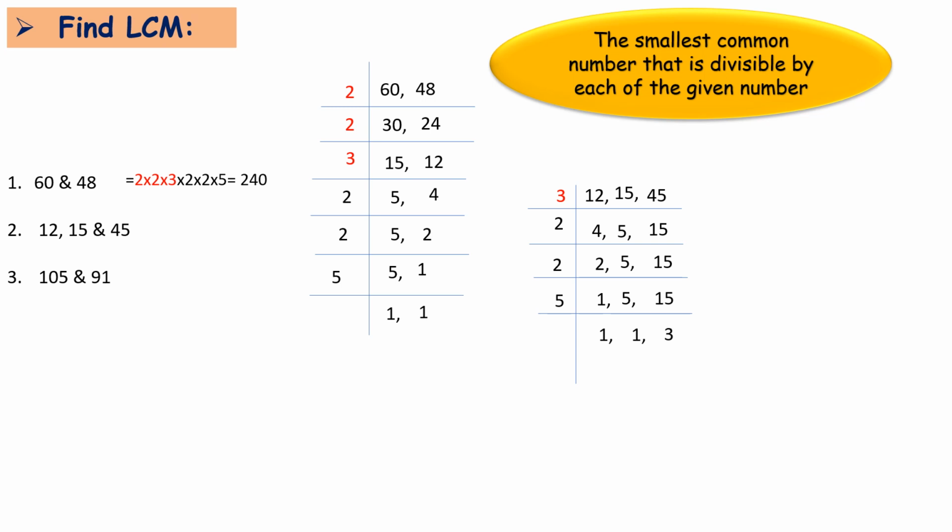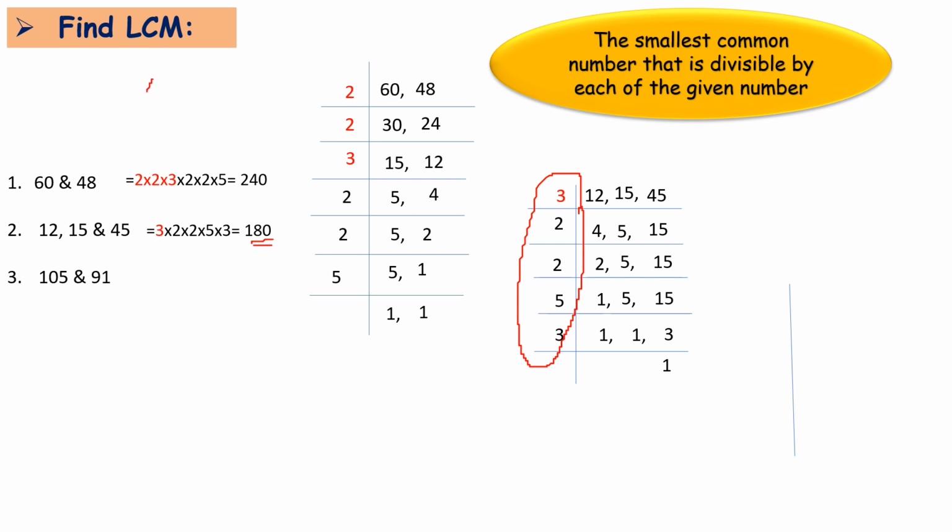Now here I can take 5, 5 times 1 and 5 times 3 and then 3 times 1. So we continue till we get 1 here. Okay, so now these all common as well as the uncommon factors are the LCM for the given numbers. That means what?